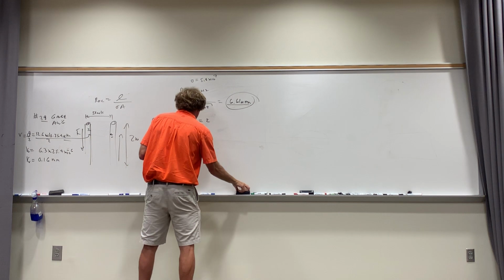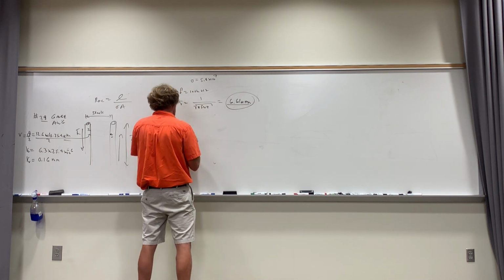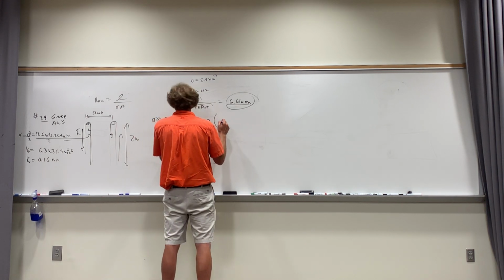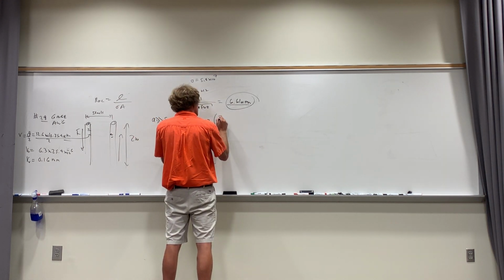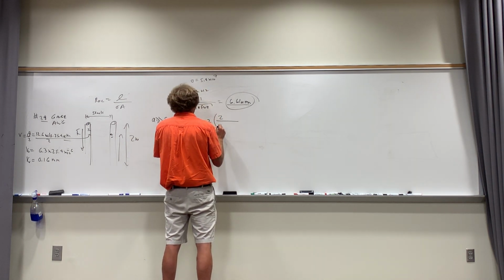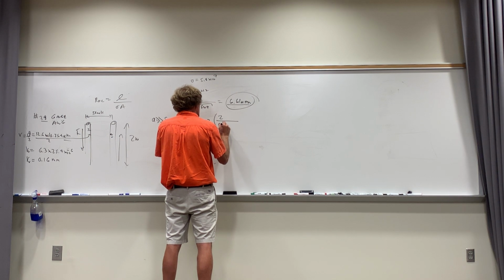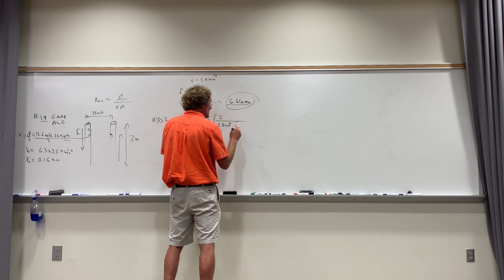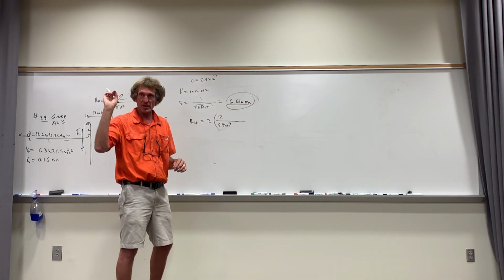Therefore the high frequency resistance, for both wires, would be 2 times the length, which is 2 meters, divided by sigma, which is 5.8 times 10 to the 7th, and divided by the cross-sectional area. Here we just use the perimeter times the skin depth.